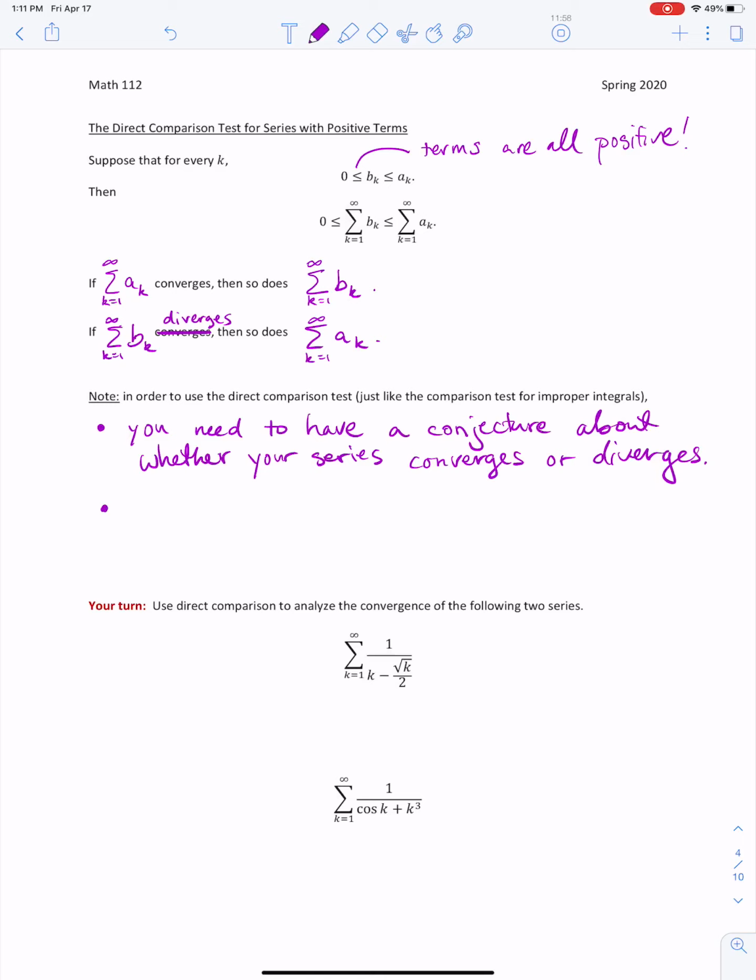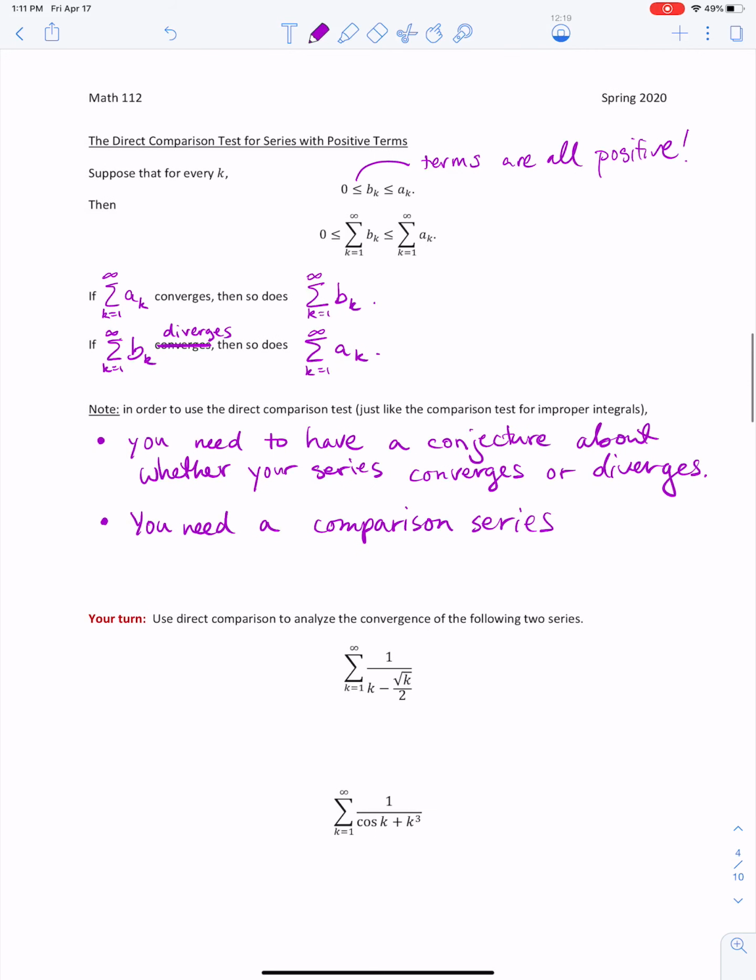Then you need to find a comparison series. The comparison series needs to be a convergent series whose terms are bigger than your series.